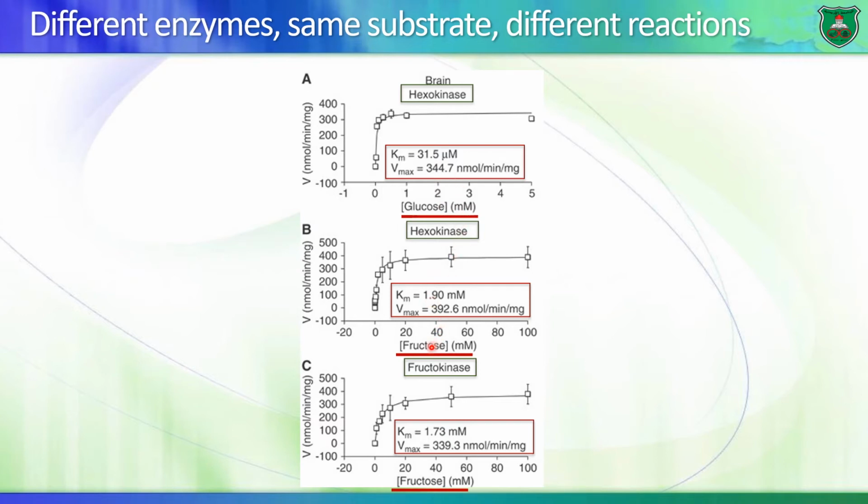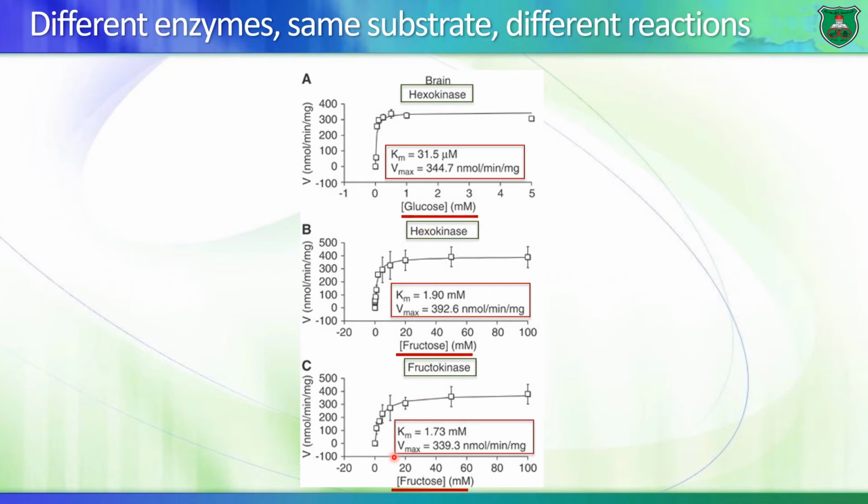Well, how about the same substrate, fructose, but different enzymes catalyzing a similar reaction? So you have hexokinase, which can phosphorylate hexoses, and you have fructokinase. Now, this enzyme is specific for fructose. It phosphorylates fructose specifically. So we're talking about the same substrate, that is fructose, but different enzymes and different reactions.